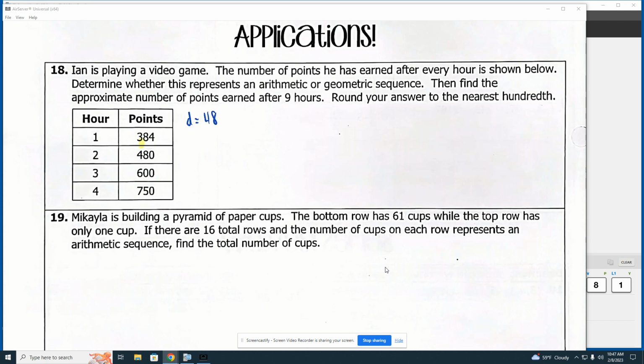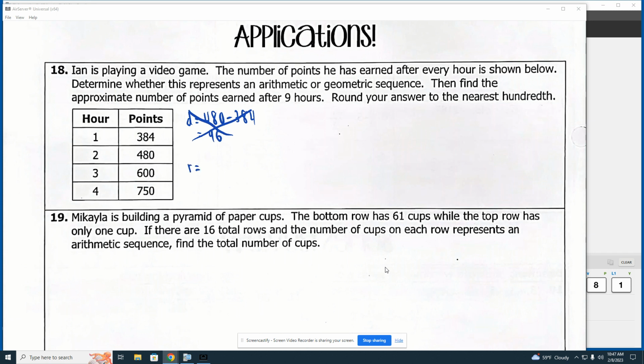Second term minus first term. What is 480 minus 384? It's 96. Guys, does 480 plus 96 equal 600? Then it's not arithmetic. So my assumption, it has to be what?